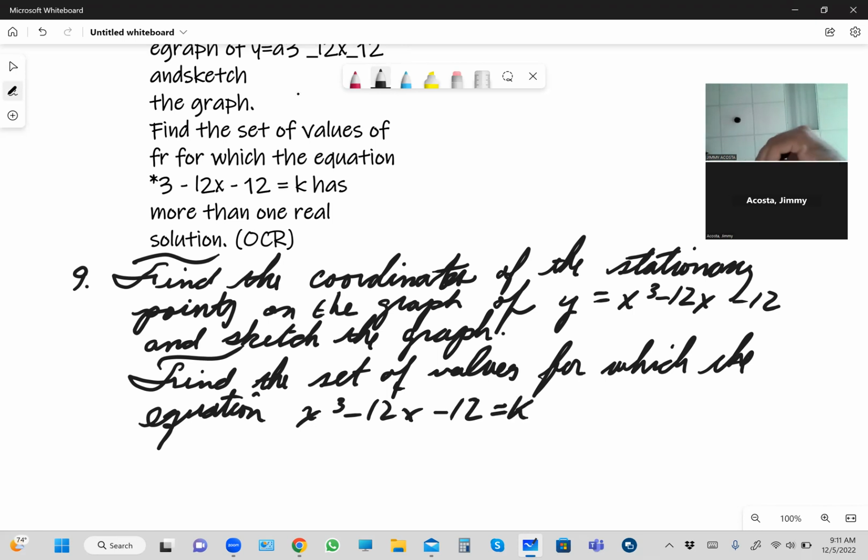Has what? Has more than one real solution.